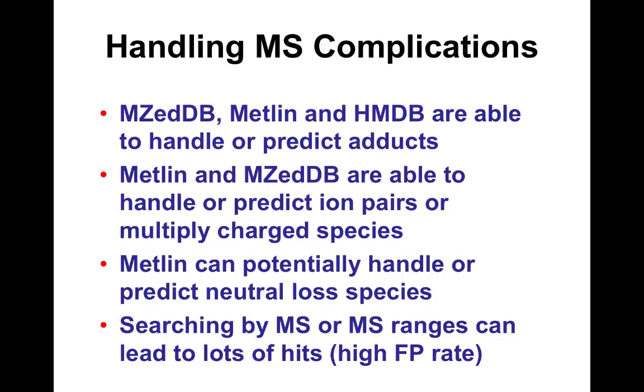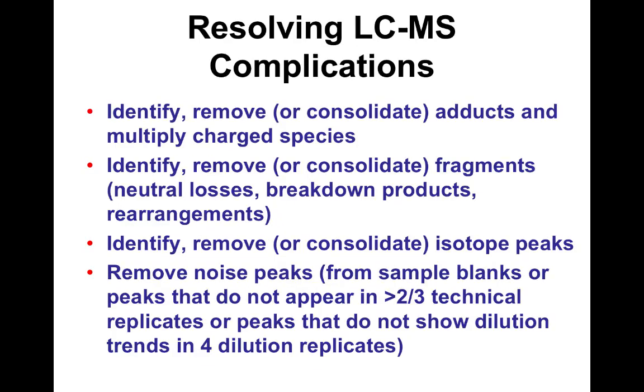These issues are not handled simply by pure mass searches. They have to be handled by specialized databases, and there are a variety available. METLIN, HMDB and MZDB are able to handle adducts. Some are able to predict ion pairs and multiply charged species, and some can also predict neutral loss species.